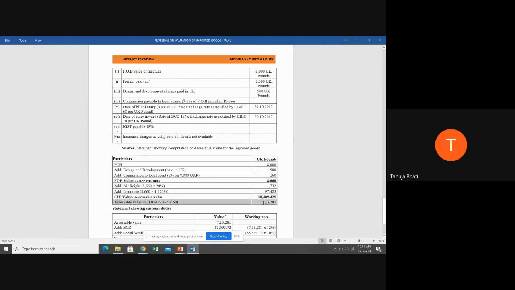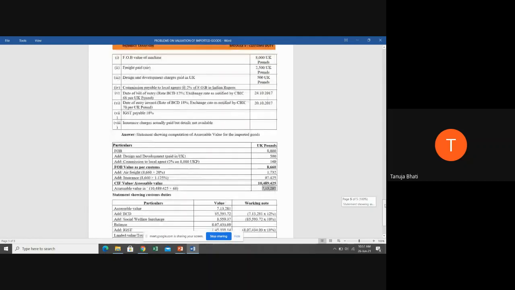And as Padmaja and Yashaswini have rightly told, the exchange rate we have to take is as per 24/10/2017, which is 68 per UK pound. So we have converted this UK pounds of 10,489.425 into 68. So we got the value in Indian rupees as 7,13,281. Okay. Now, what is the next step?